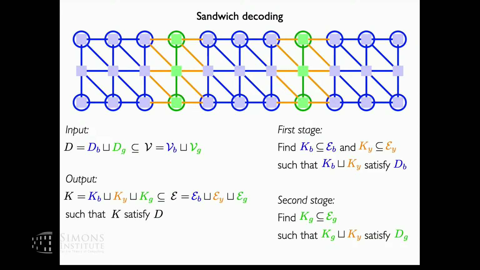And of course, there will be something not happy with the green vertices, and that's what the second stage is doing. The second stage will focus only on the green area and find things that make the green areas happy. So collectively, it gives a valid solution.